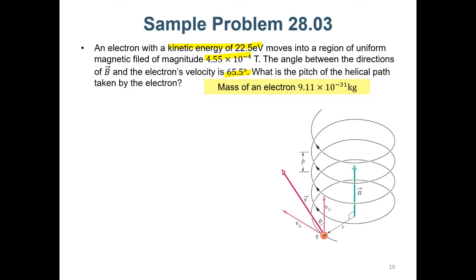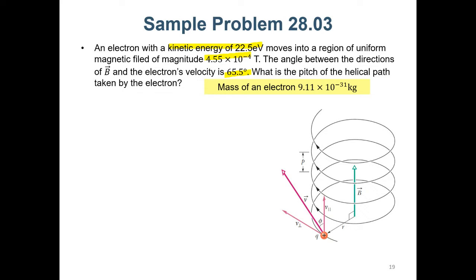And the parallel component will be just a uniform velocity movement. So if you see it from top to bottom, it will have a cross-section circle.